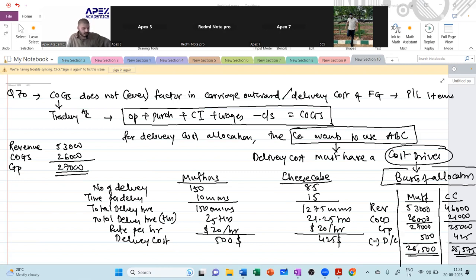Now, if I was to compare both of these items, can I say that after allocation of delivery cost, muffin profit is $1925 higher than cheesecake.